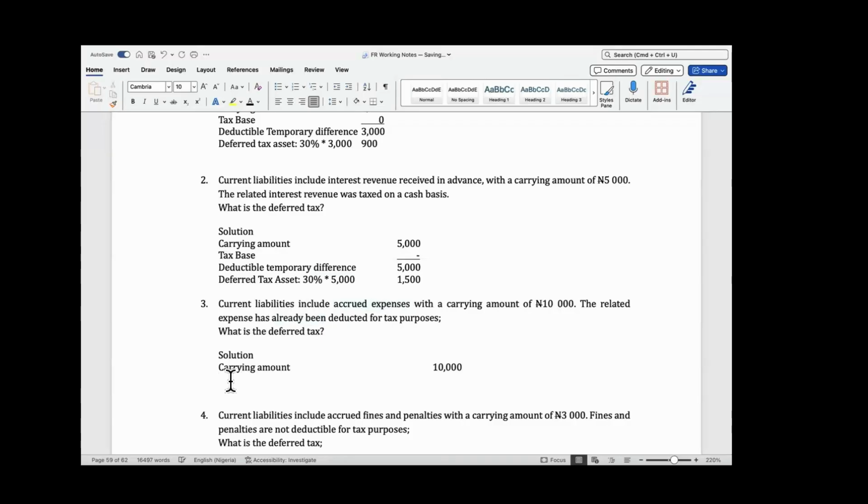So the taxman in this case decided to include it for tax purposes. He said, okay, I'm going to deduct it for tax purposes, even though it's an accrued expense. So the tax base here is also 10,000. The taxman decided to allow it as a deduction while we also have the same amount in our books. No temporary difference here.